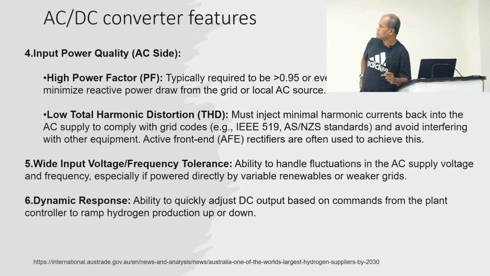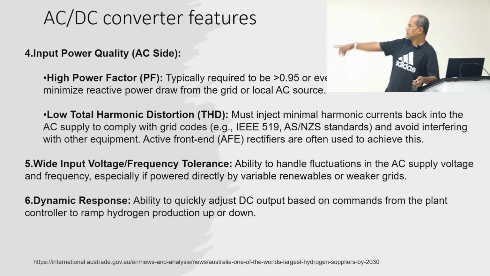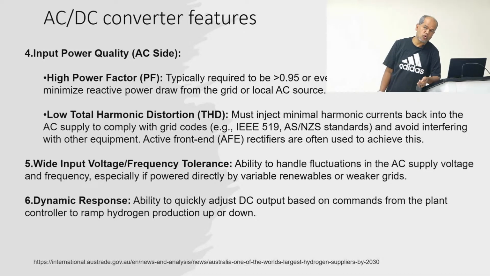And then the total harmonic distortion also depends on the power quality. We want very low total harmonic distortion as well. In most standards, for example IEEE, and there are also IEC standards, the total harmonic distortion should be less than 5%, right?